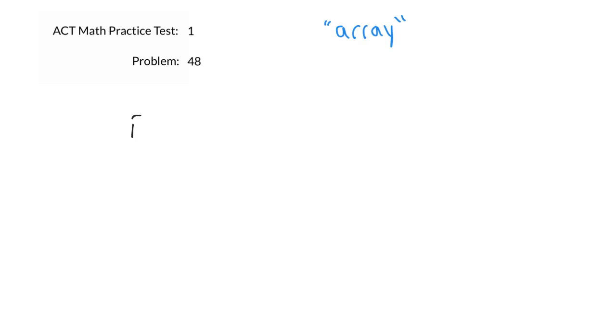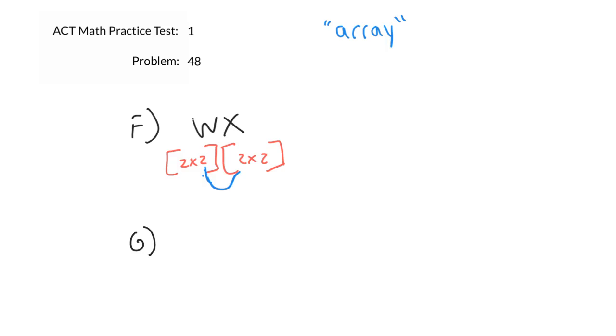Looking at answer choice F, that says WX. W is a 2 by 2 and X is also a 2 by 2, and it's most definitely the case that these two match. Therefore, WX could indeed be a defined product.